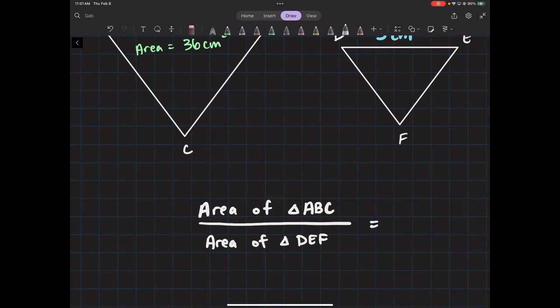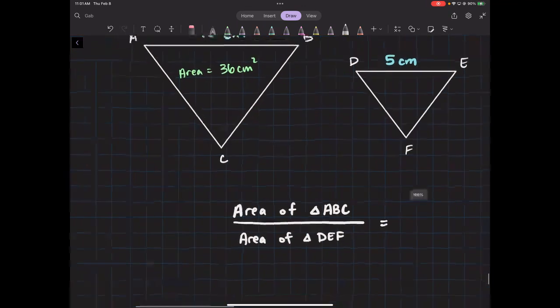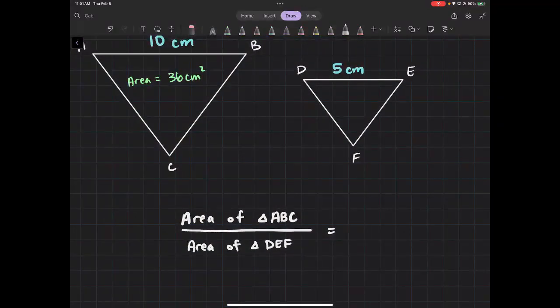And you might think, oh, I'm gonna divide 36 by 2, but it's not that simple. I gotta set up the sides over here, and remember that squared will play a big part of it.